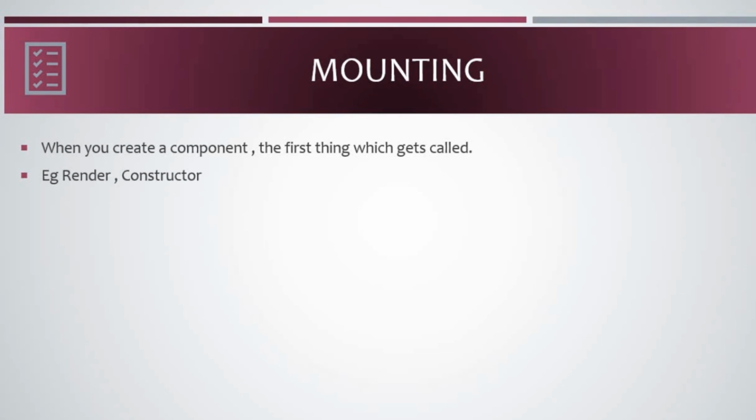And the last mounting lifecycle method that we have is componentDidMount. So the componentDidMount method looks like this. This is the syntax of componentDidMount, and it is called only once, and it is called only after calling all the child elements.